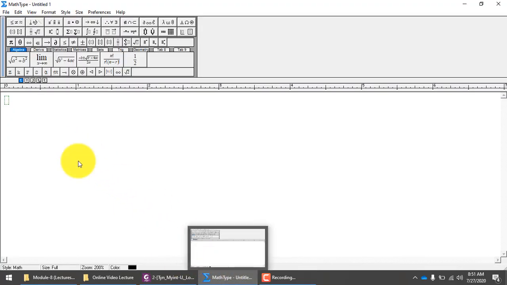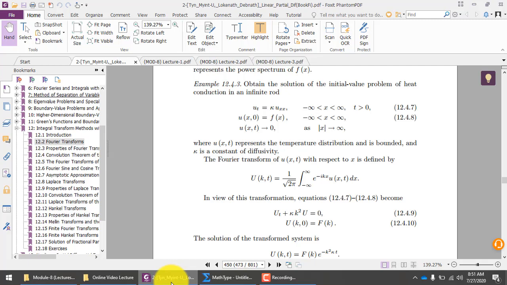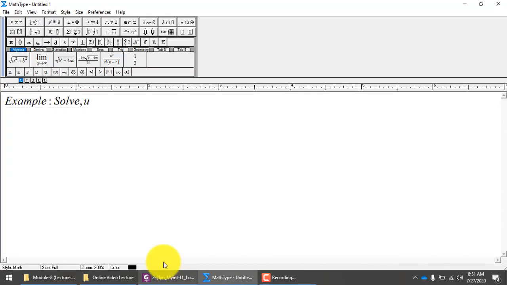This is an example in the book of Devnath, and it says: solve the partial differential equation which is given as u_t = k u_xx, and the domain is given as minus infinity < x < infinity.